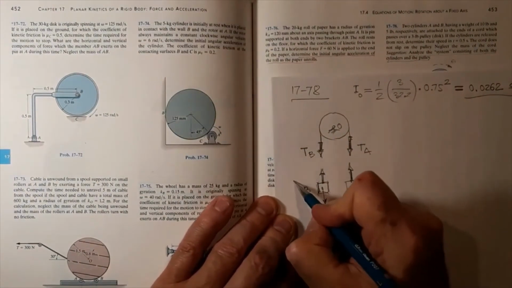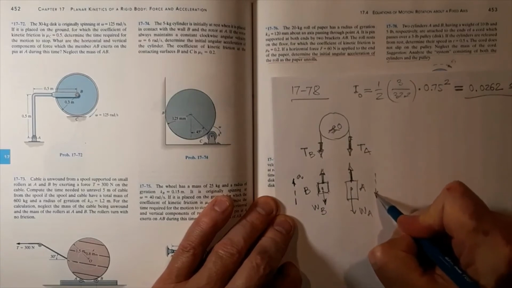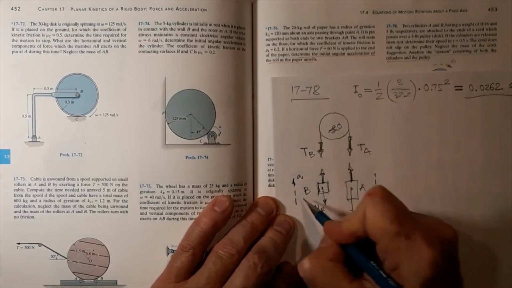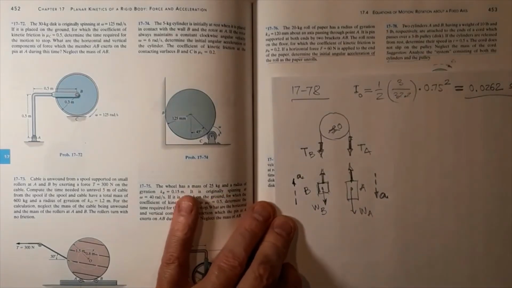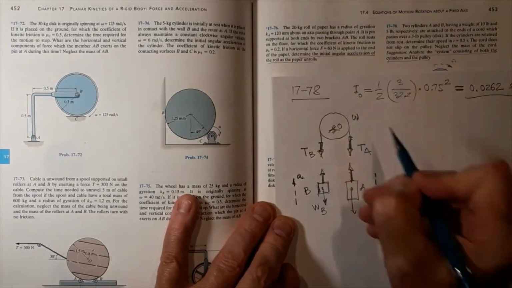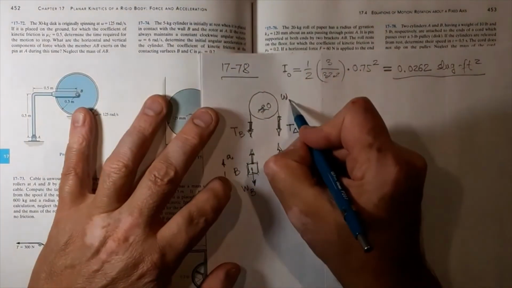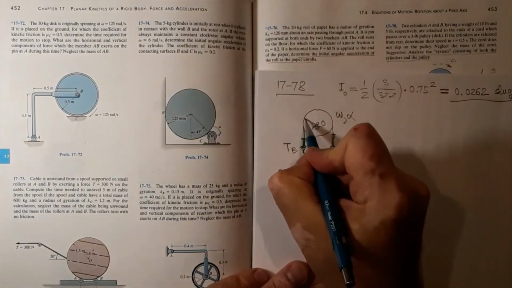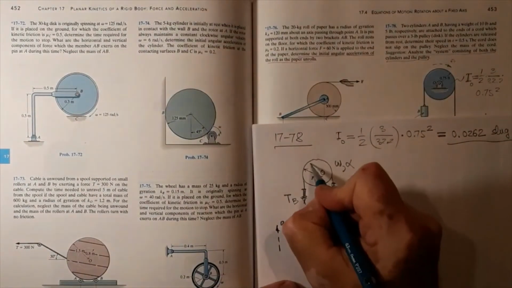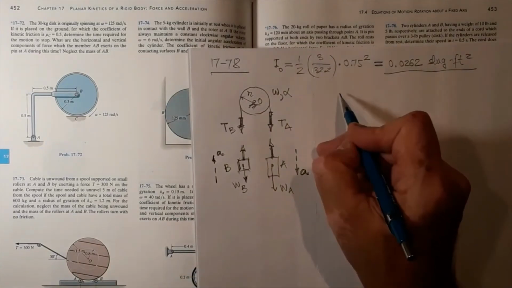So intuitively, B will accelerate up and A will accelerate down. Because the cable does not slip and is inextensible, the 2 accelerations are equal, and they are related to alpha through the radius R of the disk. So firstly kinematics.